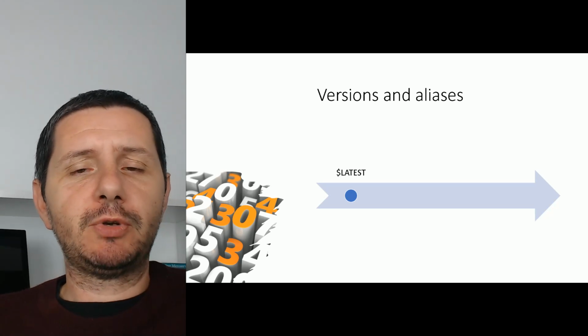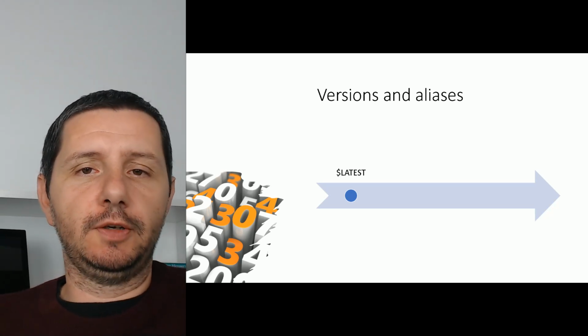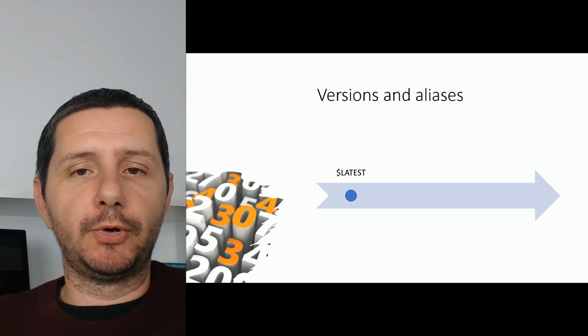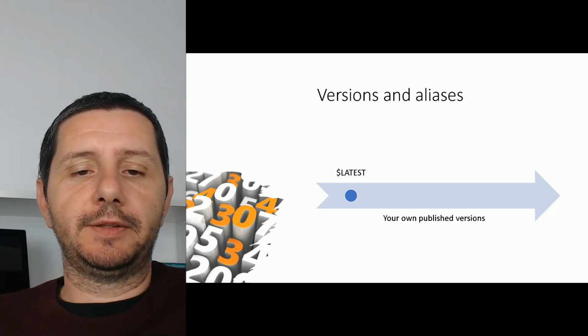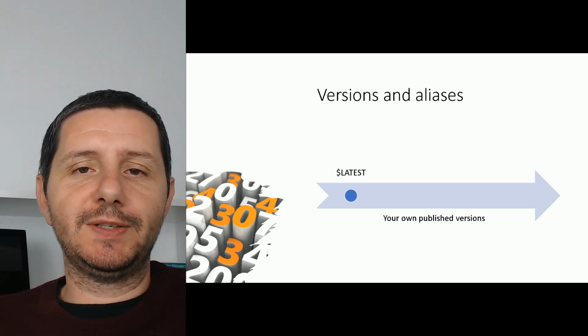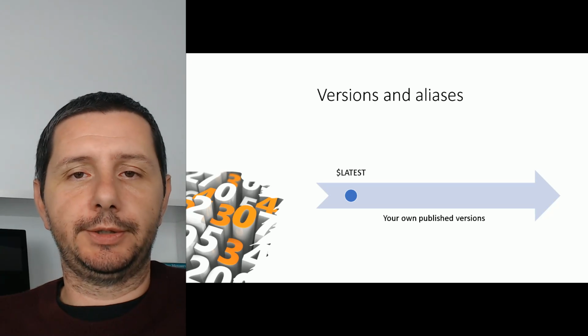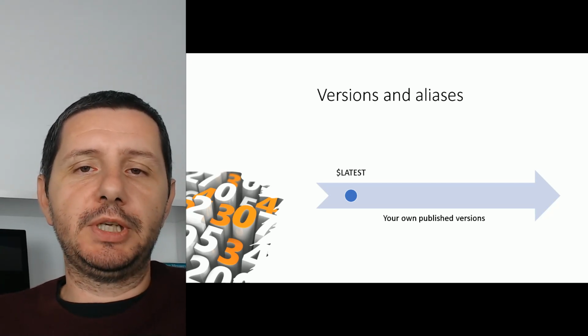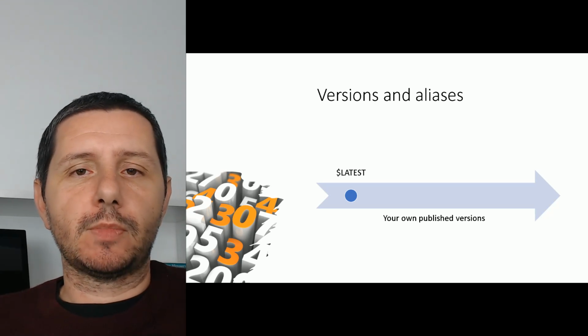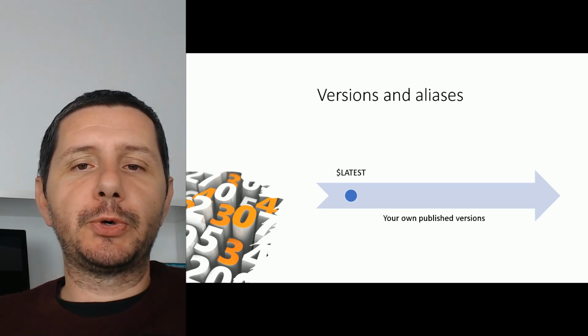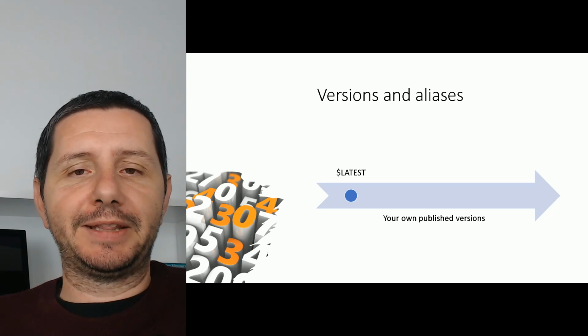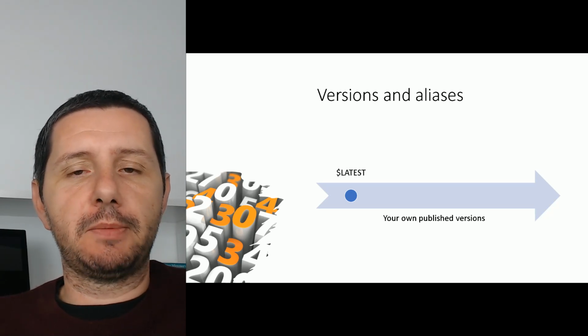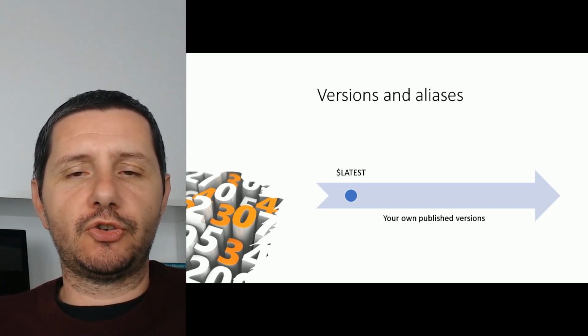Now, you can create additional, numbered versions, and you publish these from the Lambda console if you use the console. These versions will reflect the code at that specific moment in time when you used that publish feature.